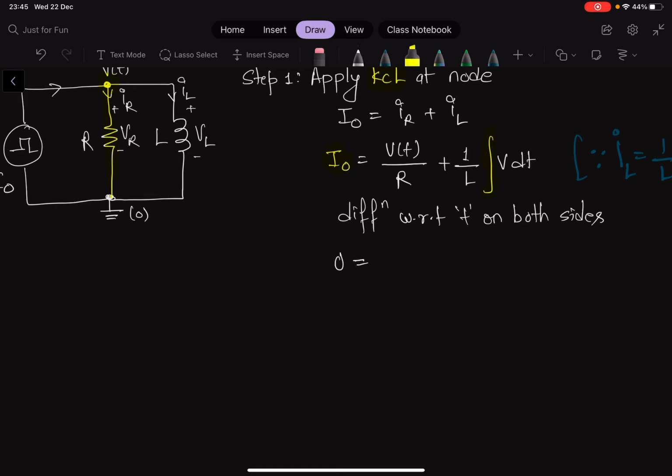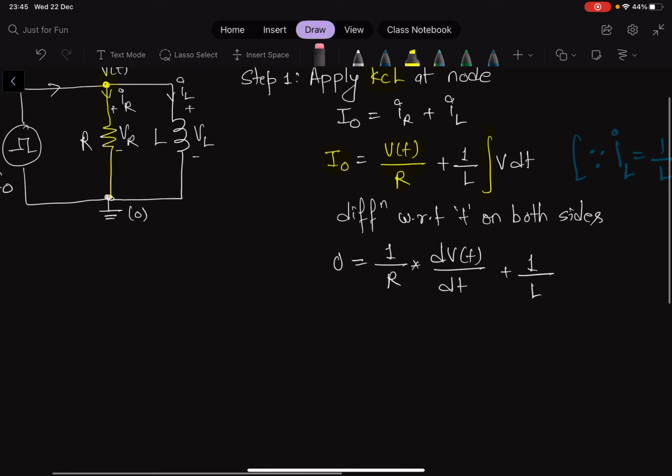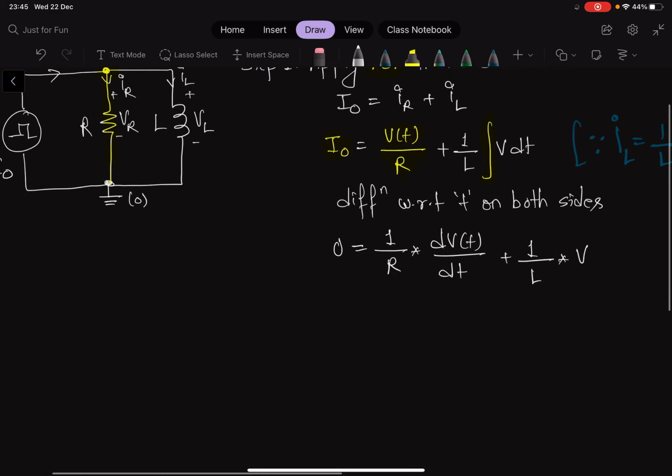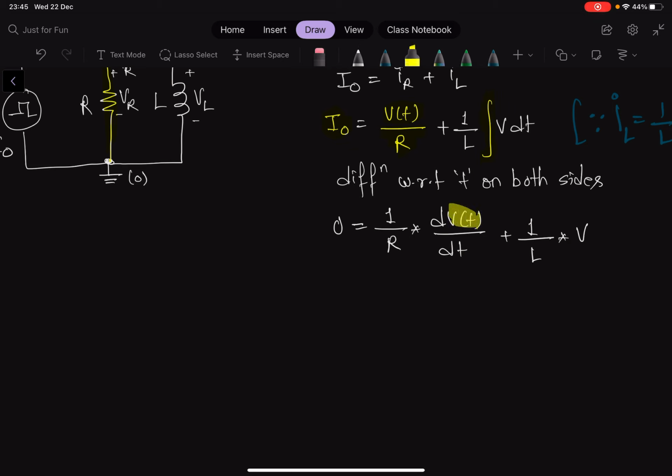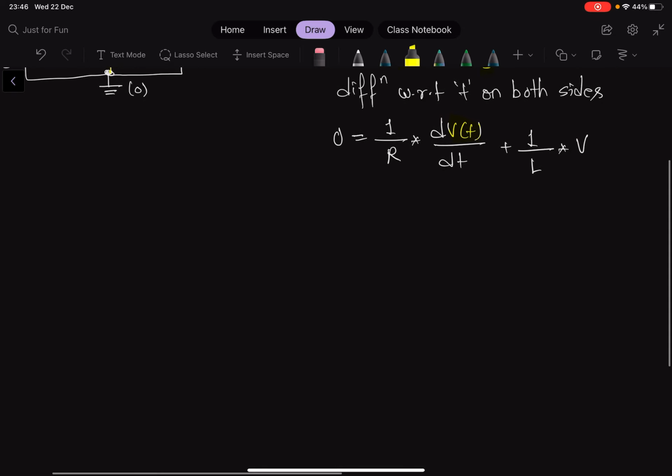Then we have the variable here, and the constant divided by the constant, so we can keep the constant outside, and the derivative of the variable is going to be dVT by dt. The integration cancels out because of the derivative, so we simply get VT, or we can say V, whatever you like to write. I'm going to rewrite this as V, because I'm using V here as VT. I'm going to write that in the next line.